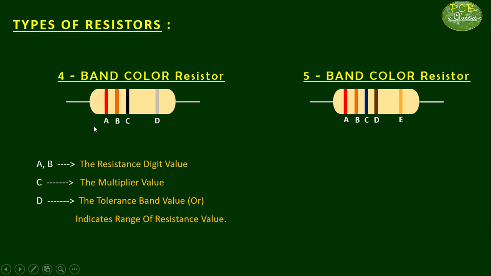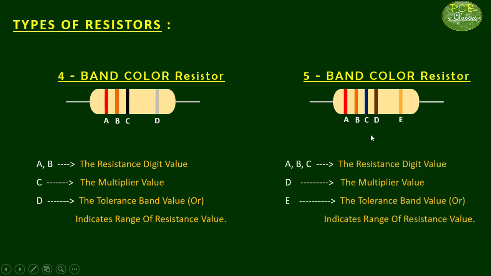In this class we will be discussing examples also. A and B represent the resistance digit value, C represents the multiplier value, and D is a tolerance band. Separately we will discuss this tolerance band. Fine. This is the 4-band color code resistor.